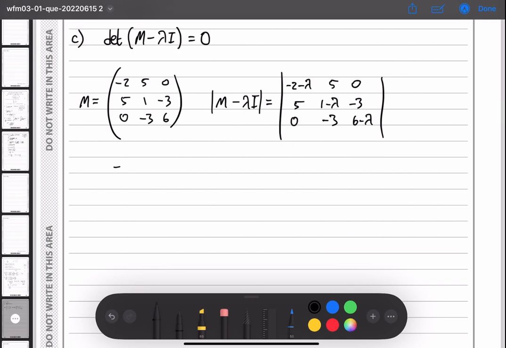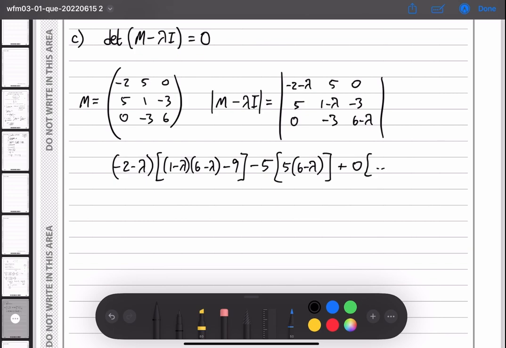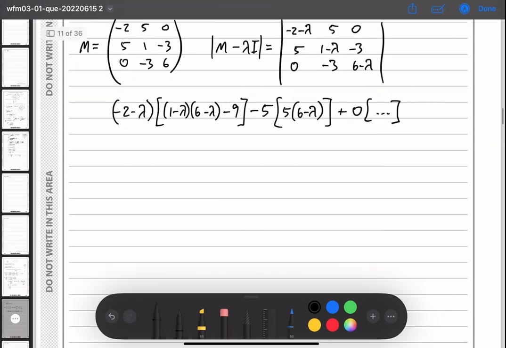We have the first element, minus 2 minus lambda, times its minor, which is 1 minus lambda times 6 minus lambda, minus 3 times minus 3 is 9, minus the second element, 5, times its minor, which is 5 times 6 minus lambda, minus 0, plus the third element, 0, times its minor, which we don't really care about because it's multiplied by 0.